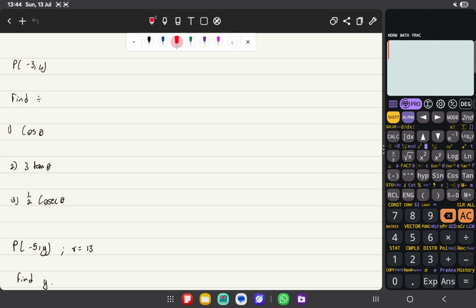Let me say x squared plus y squared gives me r squared. X squared, that's minus 3 squared, plus y squared, 4 squared. Then you have 9 plus 16 equals r squared. You have 25 equals r squared, and therefore r equals 5. You calculated that r.